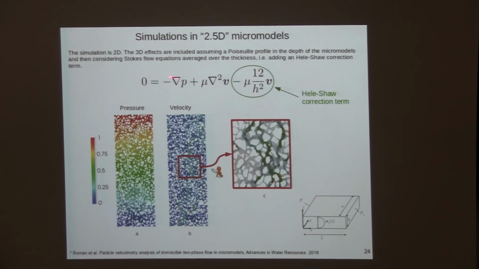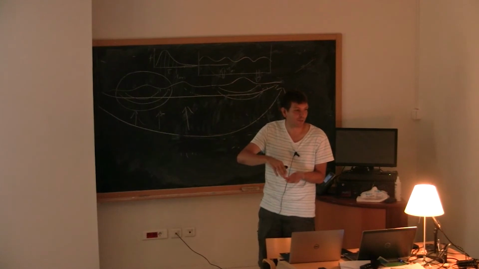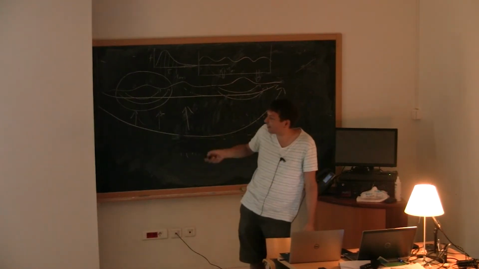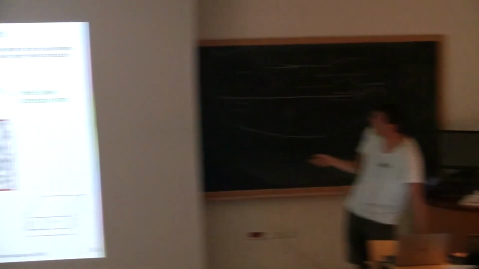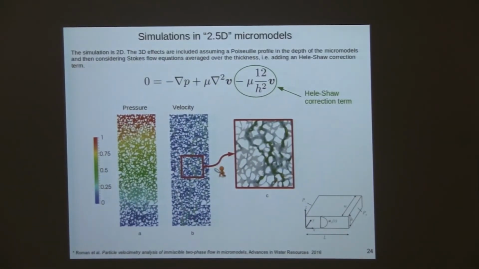All the unknowns in this equation, the pressure P and the velocity, are vertically averaged velocity and vertically averaged pressure. They don't have any meaning at some location in the thickness, it's really something vertically averaged. So you solve this equation, and then you can compare your result with the experiment, and only then does it make sense to compare the 2D micromodel with the simulation.